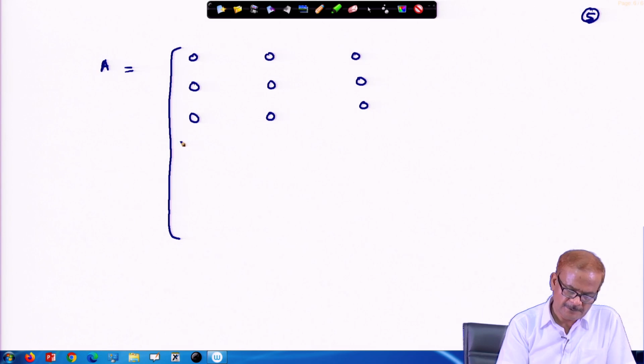The first element we have is 3 mu times 3 x 1 square divided by r to the power 5 minus 1 by r cube.